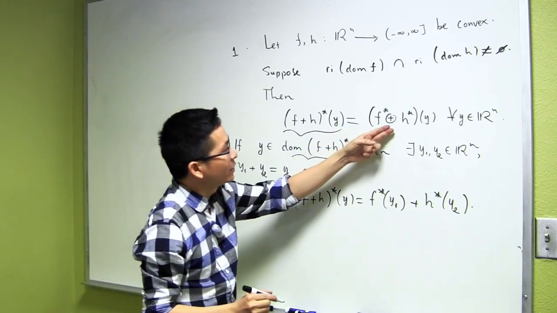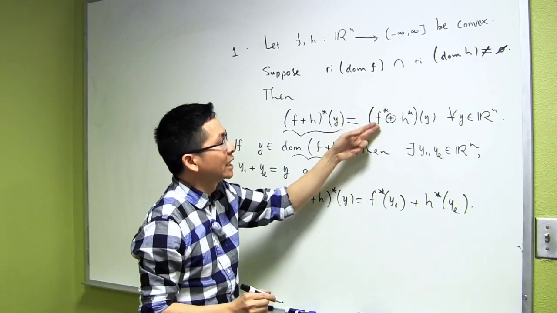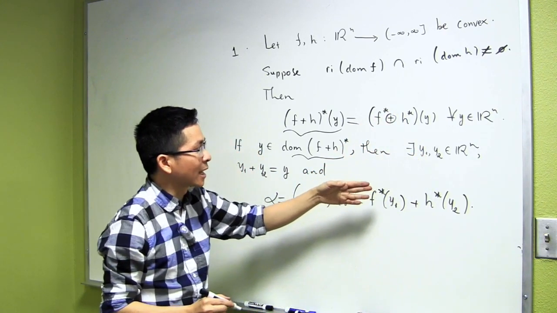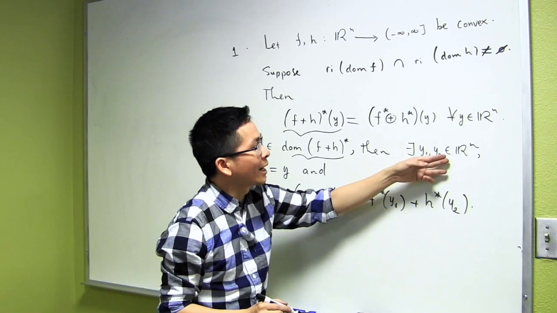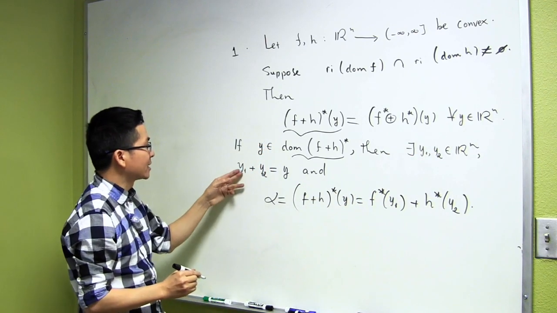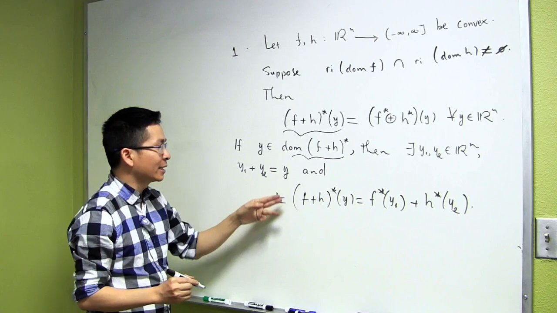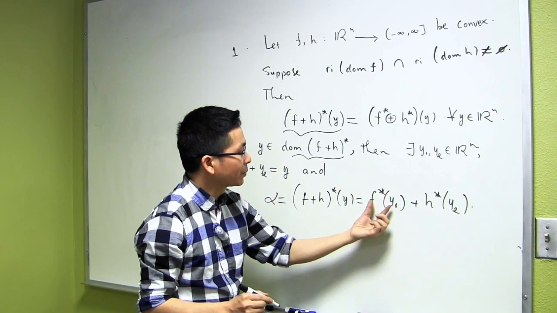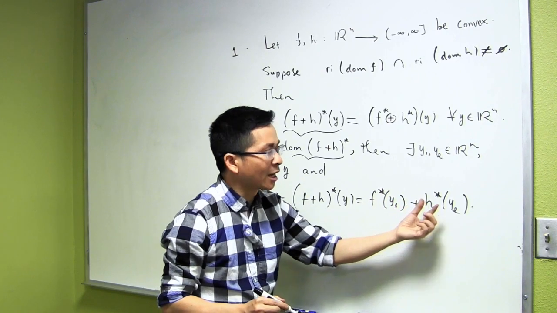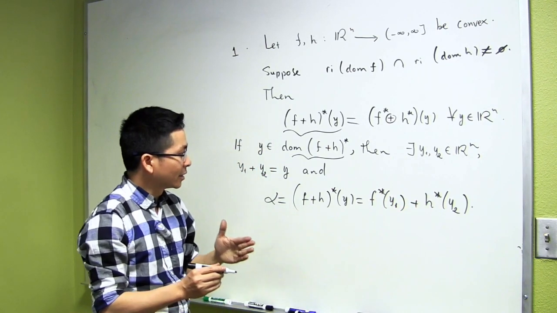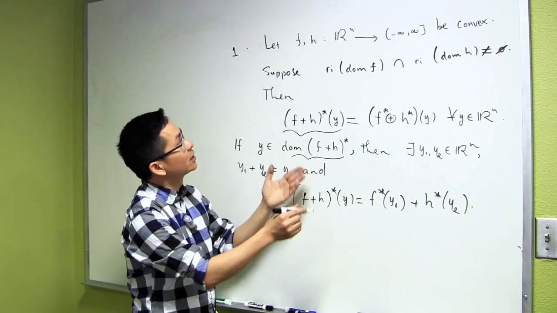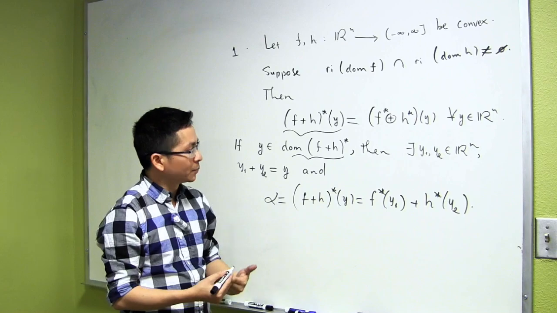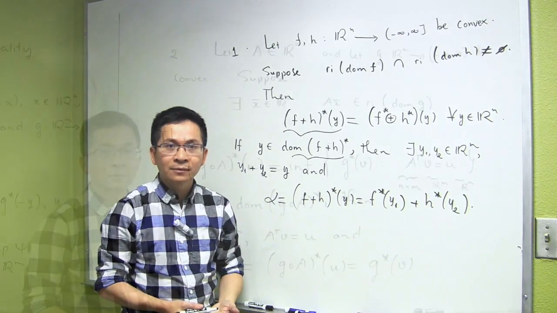Then the infimum in the definition of the infimal convolution here is attained in the sense that there exists y1 and y2 in Rn such that the sum of y1 and y2 is y, and alpha being this sum is equal to f star of y1 plus h star of y2. And again, the detailed proof of this theorem is given in my lecture on Fenchel conjugate calculus.